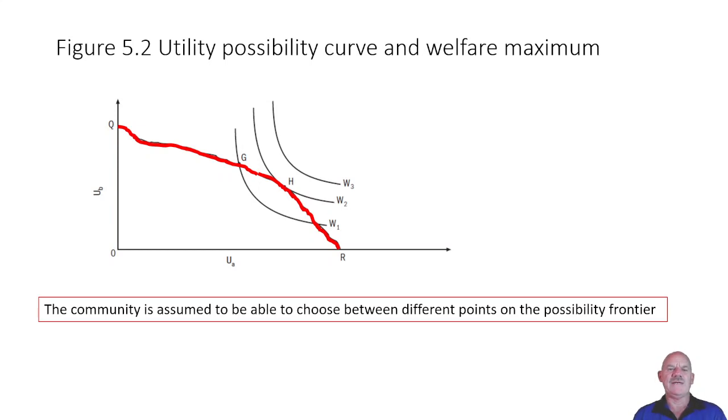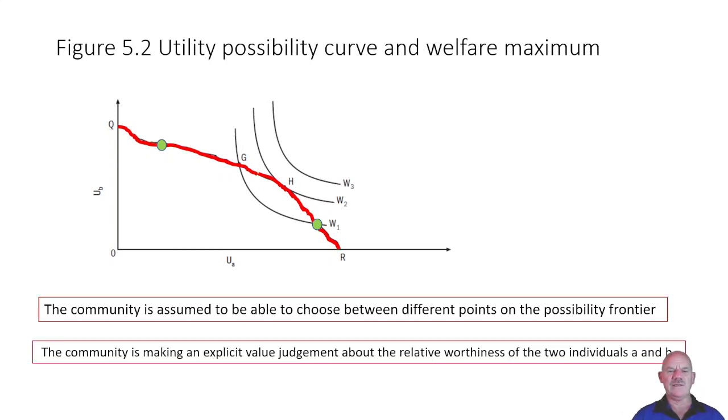We have to say, well, it's possible for the community to choose between the one green point and another green point. They lie on different welfare functions, but they are able to choose between the one and the other. Then if they can choose, then that means they are making value judgments about the two persons.